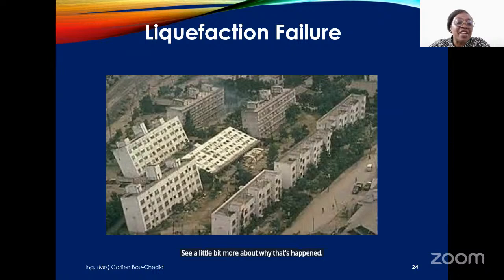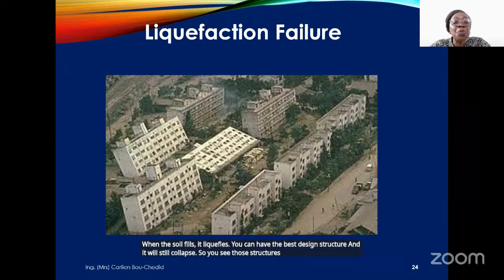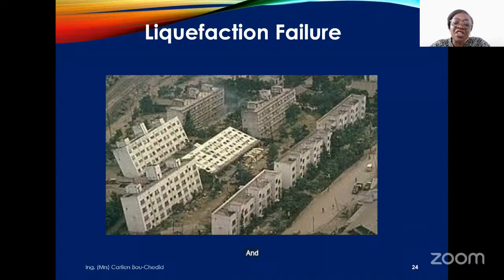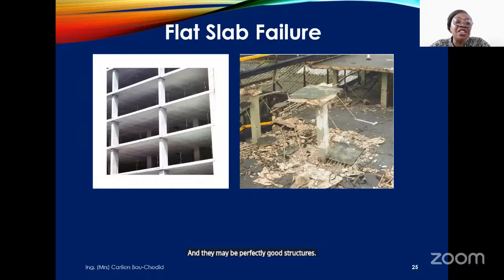This is liquefaction failure, when the soil fails, it liquefies. You can have the best designed structure and it will still collapse. So you see those structures that have toppled on their side, and they may be perfectly good structures, but their foundations failed.